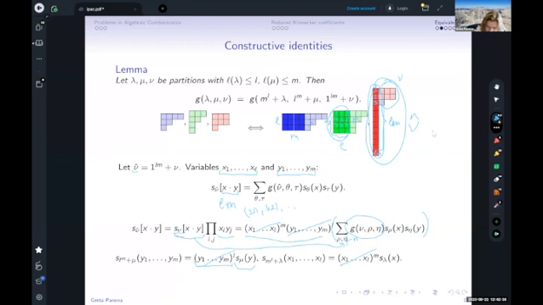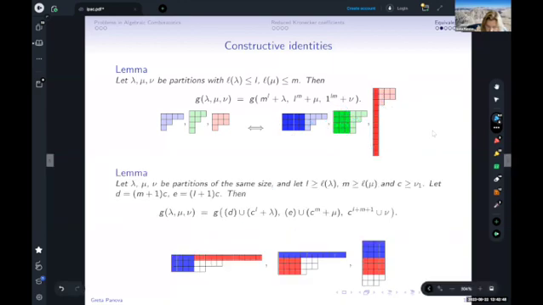Okay, so this is just an evaluation, basically comes from the evaluation of the Schur functions. The next thing we can do is we can compose this lemma twice. And this is what I'm going to do. So we start with lambda, mu, and nu. One property of Kronecker coefficients is that if we transpose two of the partitions, the Kronecker coefficient stays the same.